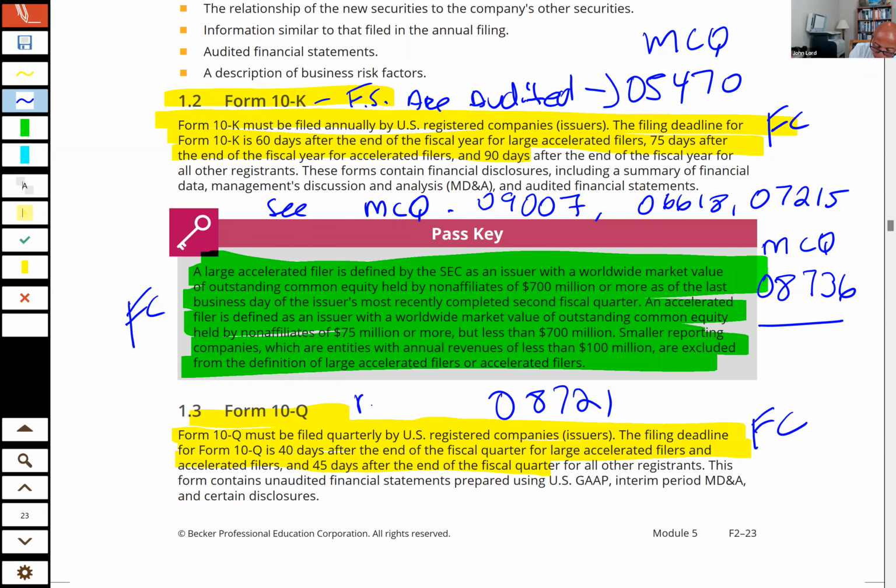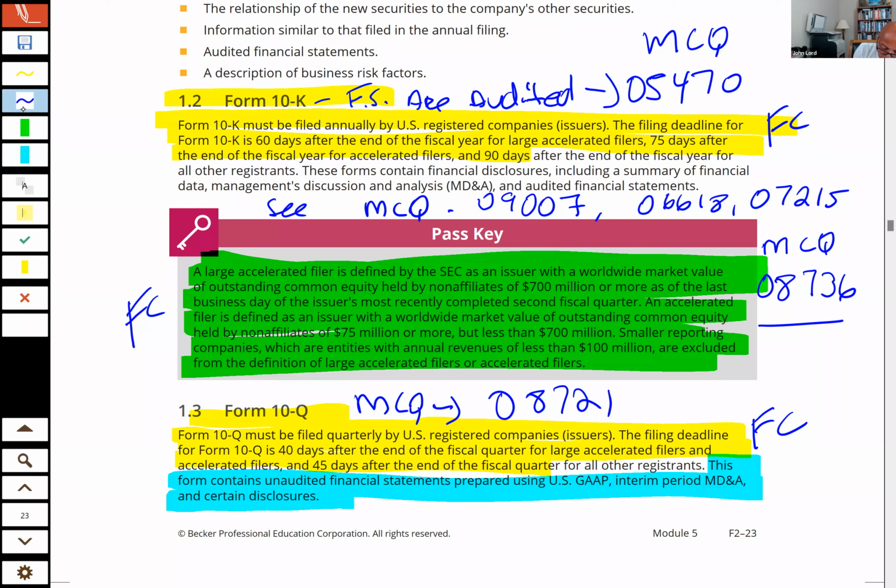Multiple choice question MCQ 08721, and this information is unaudited. And you can flashcard that.